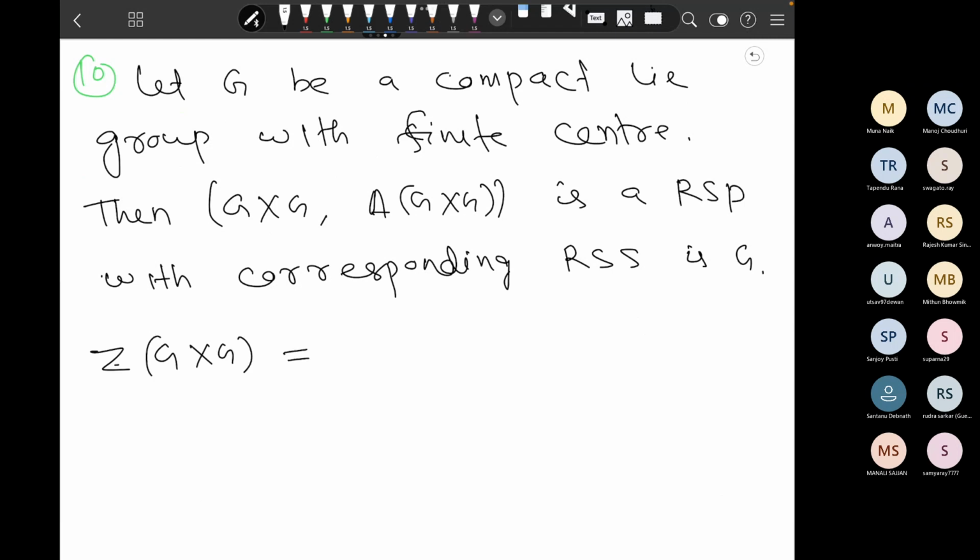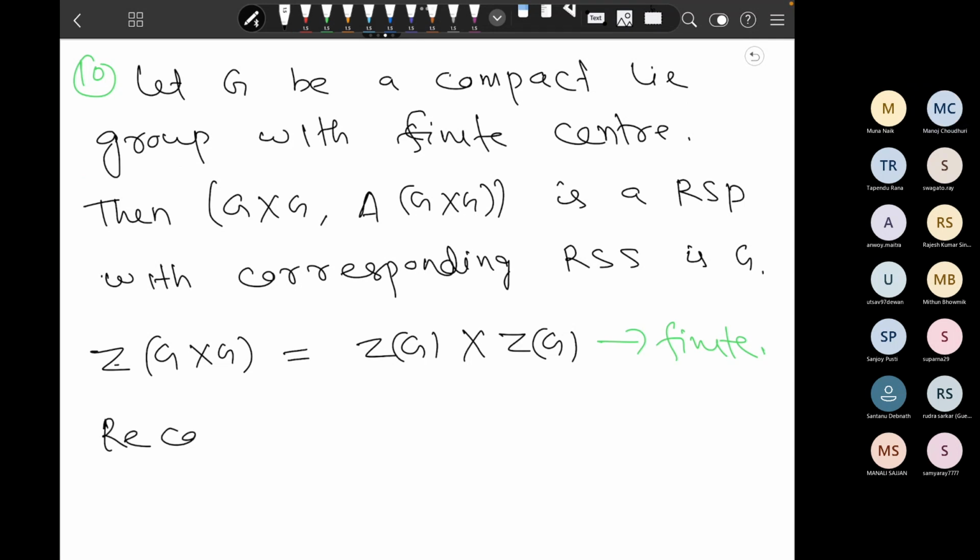This is isomorphic to ZG cross ZG, and since ZG is finite, this is finite. What is that notation, delta G cross G?